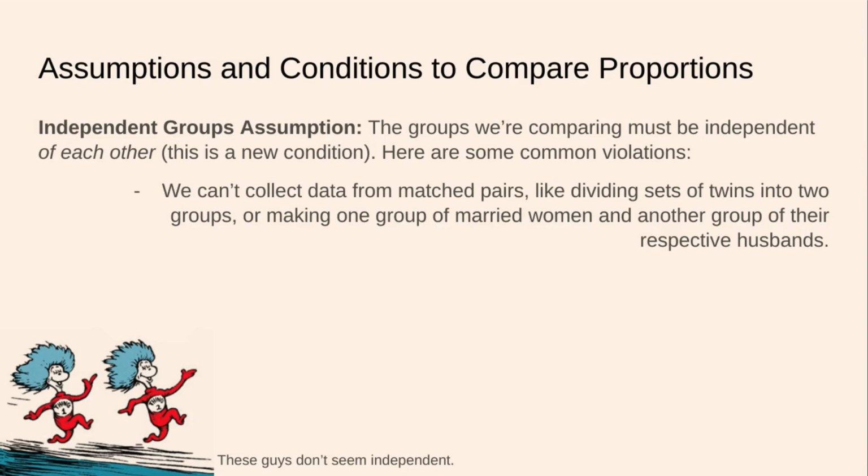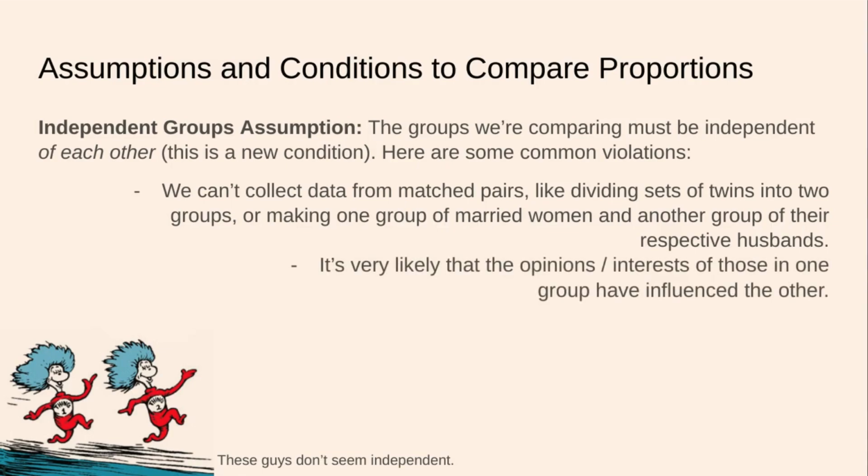We can't just put one of the twins into the control and one into the treatment. We can't have one twin in one sample and the other twin in another. Same with wives and husbands and any other situation involving matched pairs.